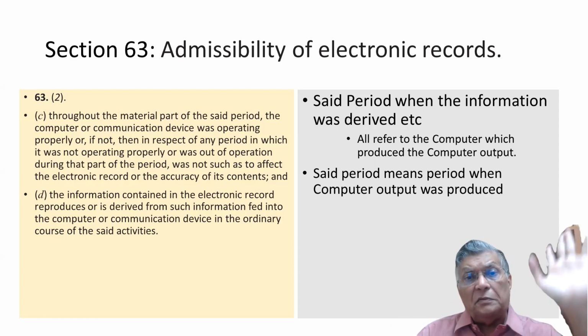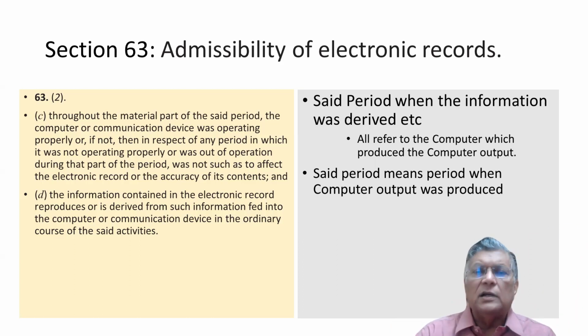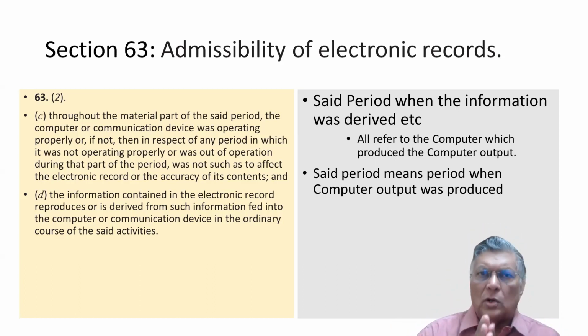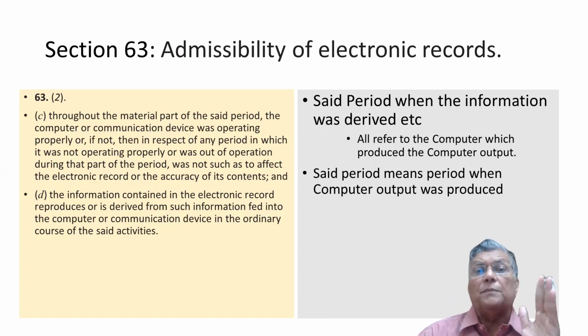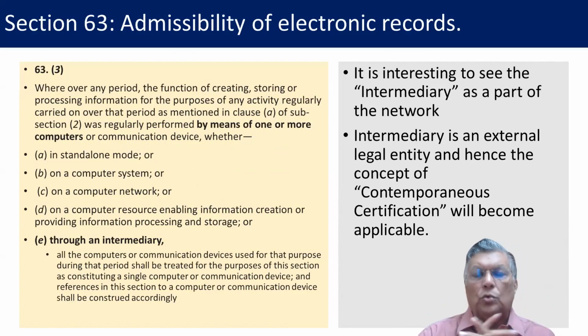Therefore, I should get a certificate from the Facebook owner or a server owner. That is not feasible. So I am saying it is not correct for the reason that it is impractical to get website documents certified by the web servers. So that is what I would like to mention about section 63(2).